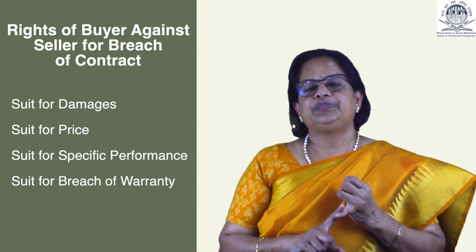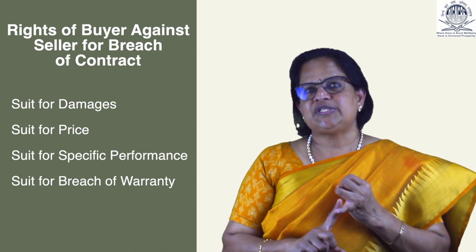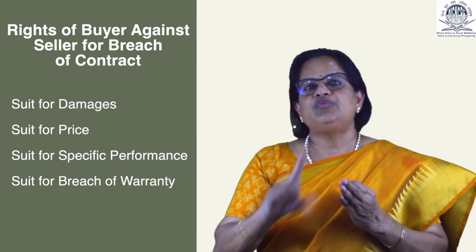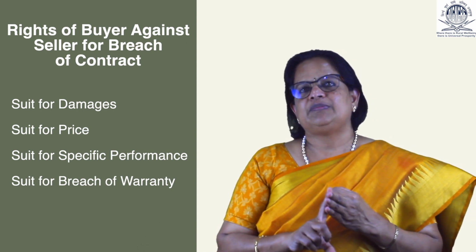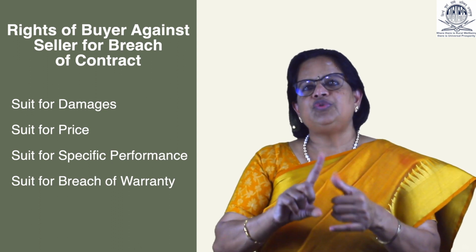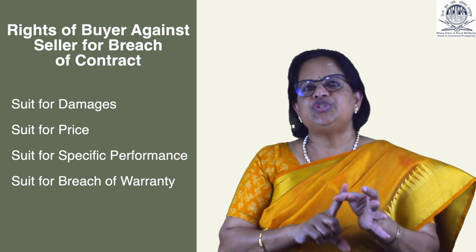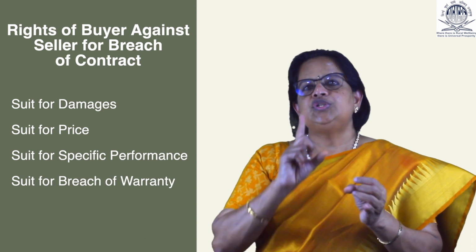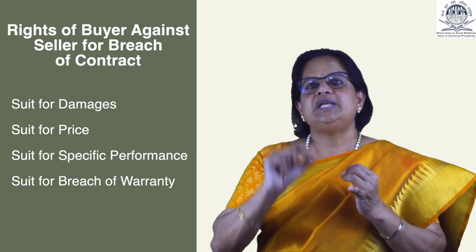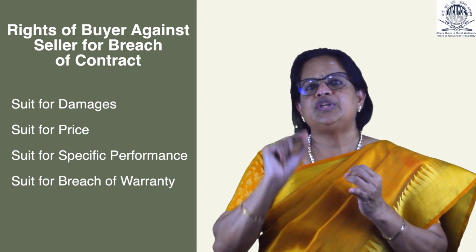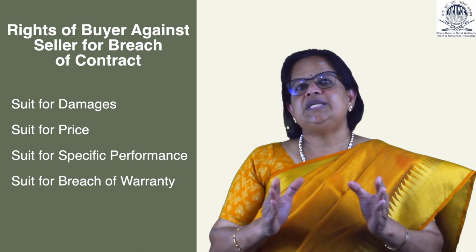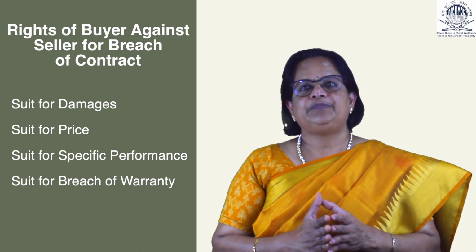They are: suit for damages, suit for price, suit for specific performance, suit for breach of warranty, suit for repudiation for breach of condition, suit for recovery of price with interest, and lastly, repudiation of the contract before the due date. Now, let us learn these rights in detail.